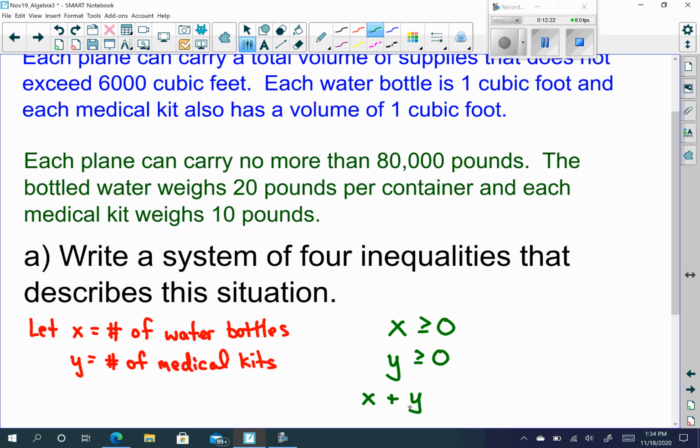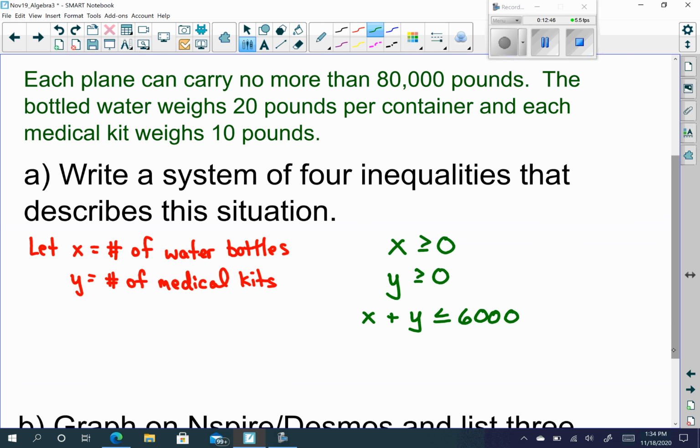Now it cannot exceed 6,000 cubic feet. So what do you think that means? Could we go over 6,000 cubic feet? Does that mean exceed, or do we have to stay below? We have a max capacity of 6,000 cubic feet, so we definitely have to stay less than. We could reach it, so less than or equal to 6,000.